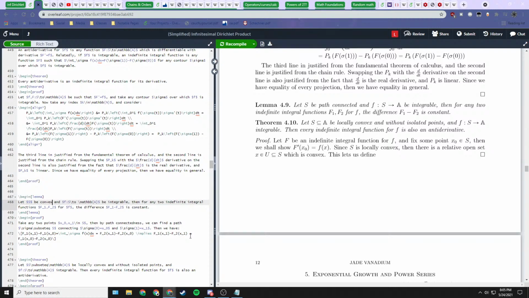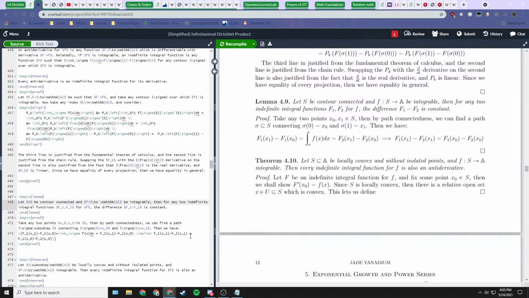Let's speak on x, actually, might work. Or I could just make up a word and not define it. Sounds great. S be contour connected and f be integrable, any two indefinite integral functions, the difference is constant. Two points, x0, x1.